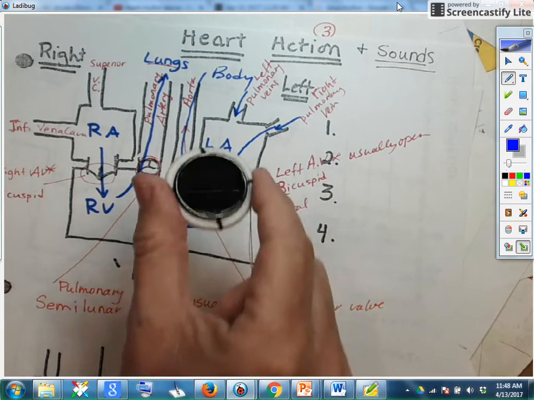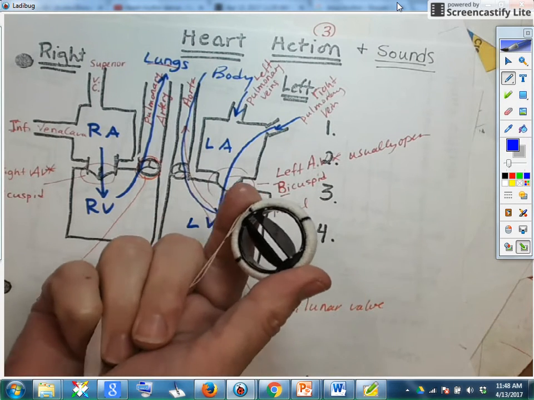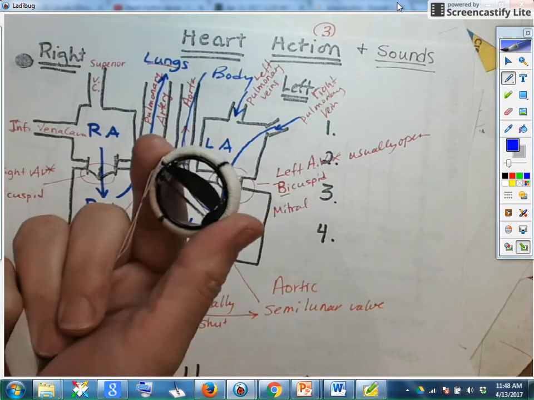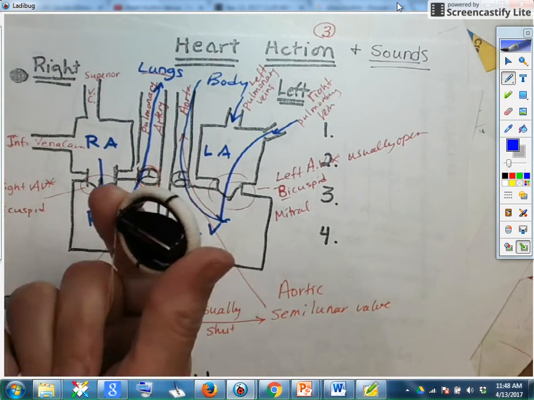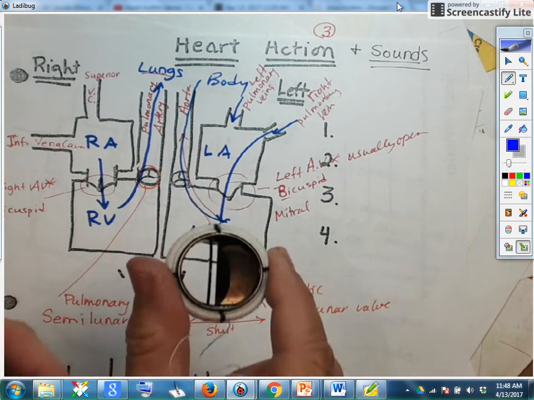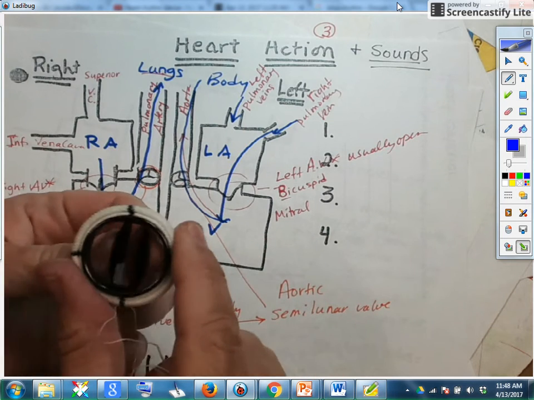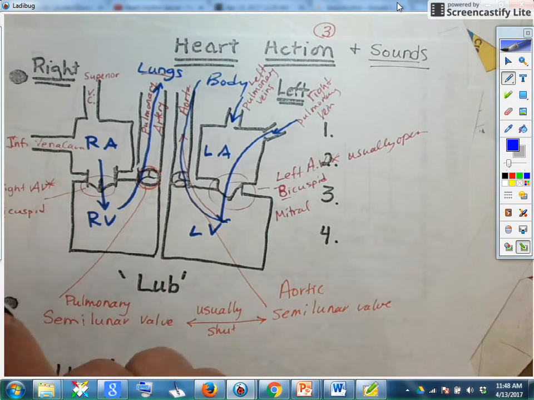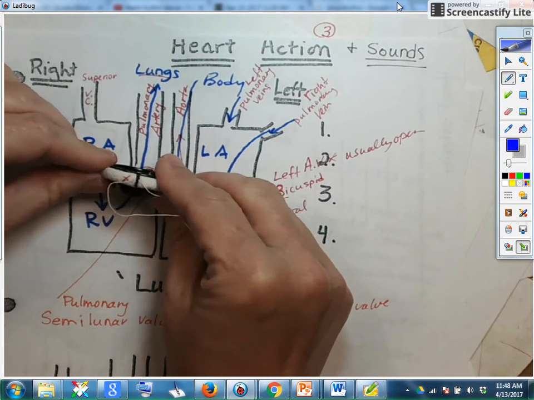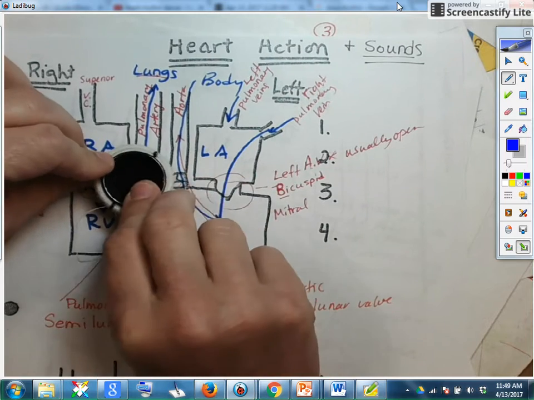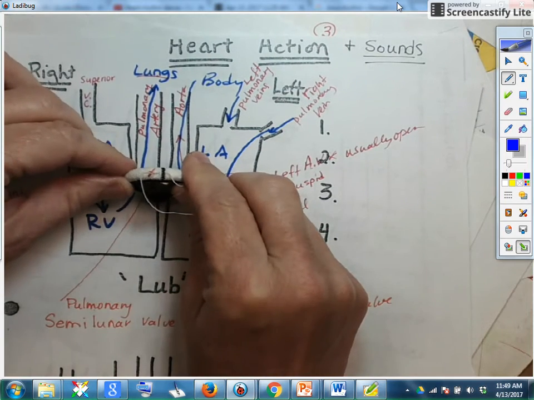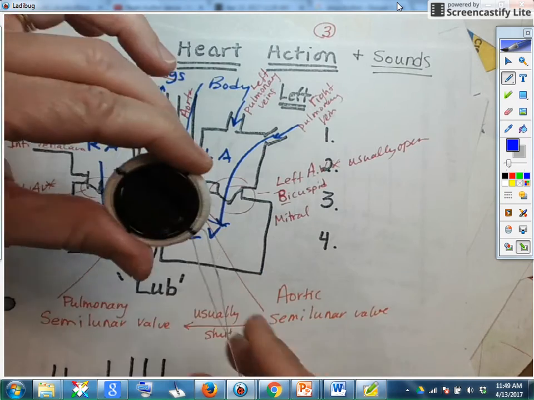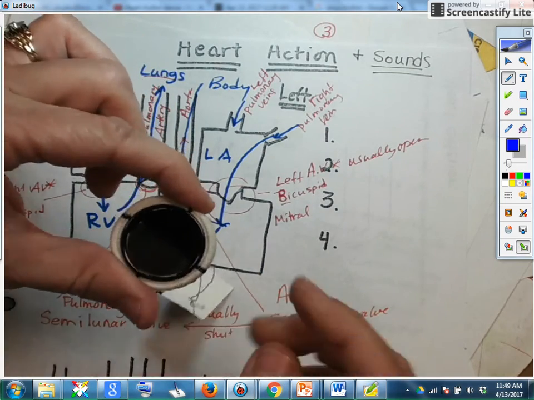This little doodad is a prosthetic heart valve. This one happens to be the pulmonary version. A patient would have this surgically inserted in their heart into the end of the pulmonary artery.